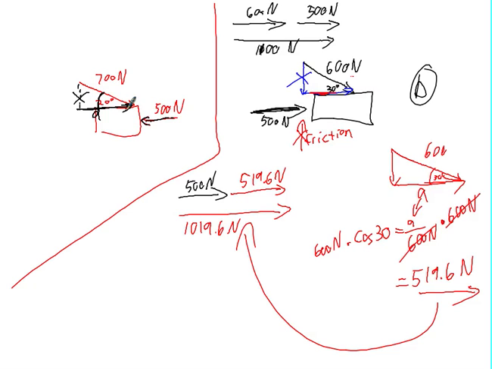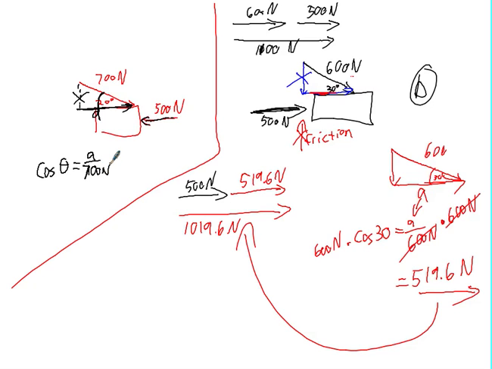Since we know the angle here, and this side is adjacent to this angle, we can use the SOHCAHTOA function that uses adjacent, which is cosine. Cosine of the angle equals the adjacent divided by the hypotenuse, which is 700 newtons.